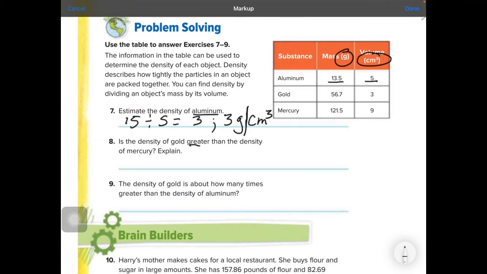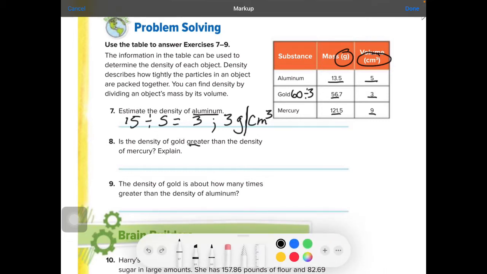Okay, number 8. Is the density of gold greater than the density of mercury? So let's compare. I bet this would be a little more compatible for gold if we did 60 divided by 3. That's a little more compatible than 56.7. So 60 divided by 3 would be 20. Okay, we know that to figure this problem out, we do 9 times 12 equals 108.